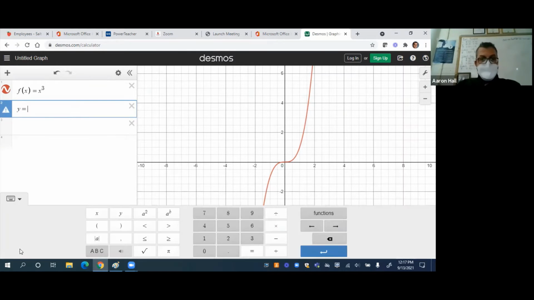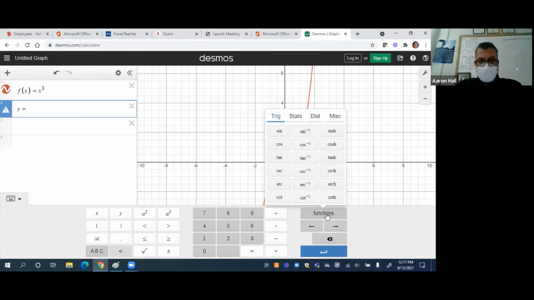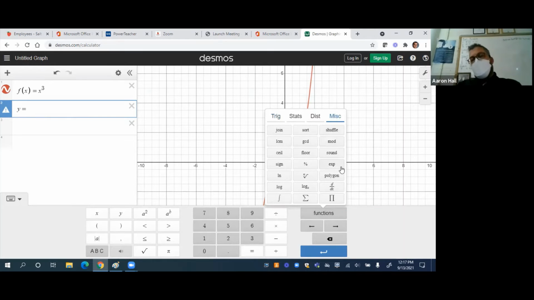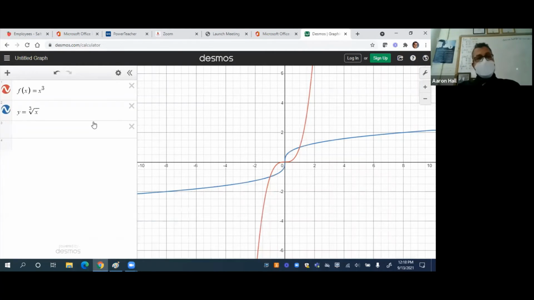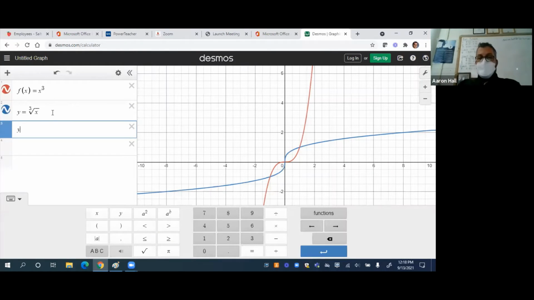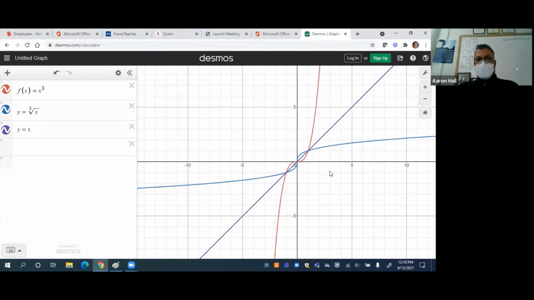I'm not sure where this is in the menu. A lot of times I know the hotkeys for it, but I don't know this one. So there we go, the cube root. These should be reflections of each other across what? y equals x. How did we do? Yeah, we did good.